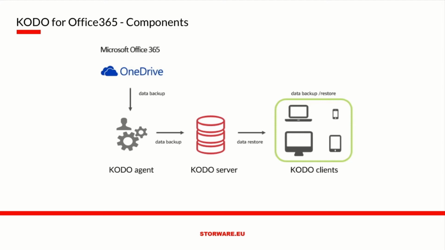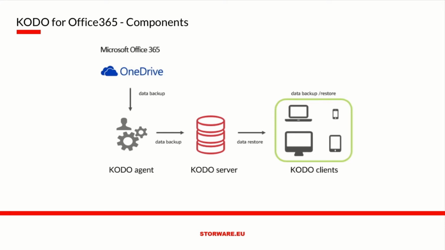KODO server service is an integral part of KODO server. It is intended to manage backup proxies and control configuration settings. And KODO client, it's a Windows UI client or mobile UI client intended to restore data protected by KODO solution.